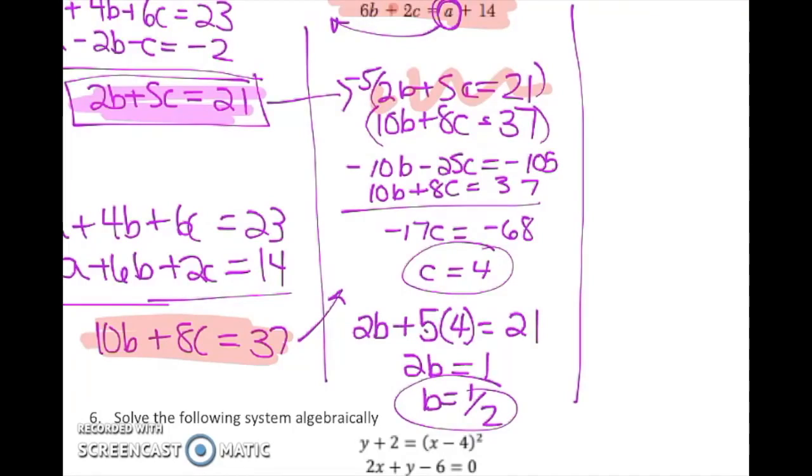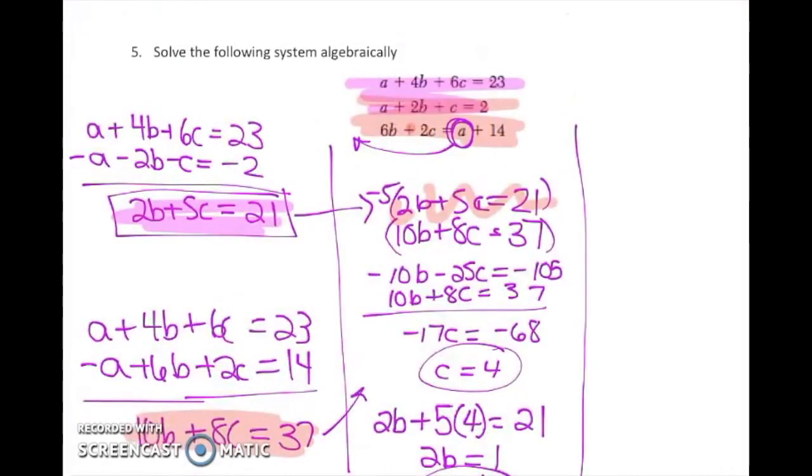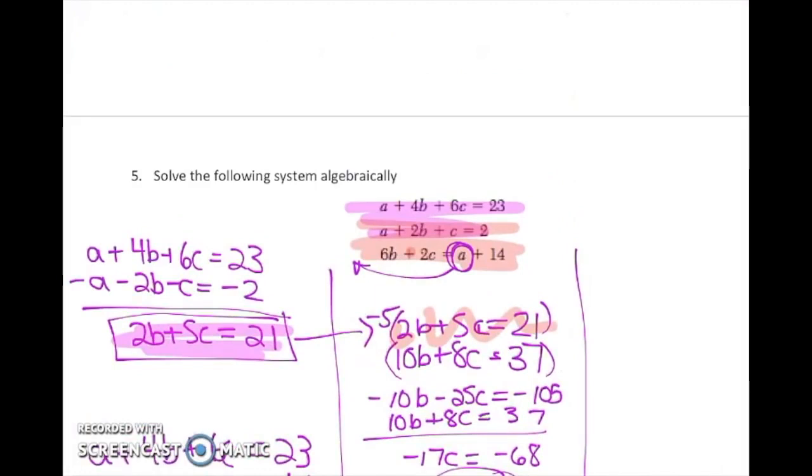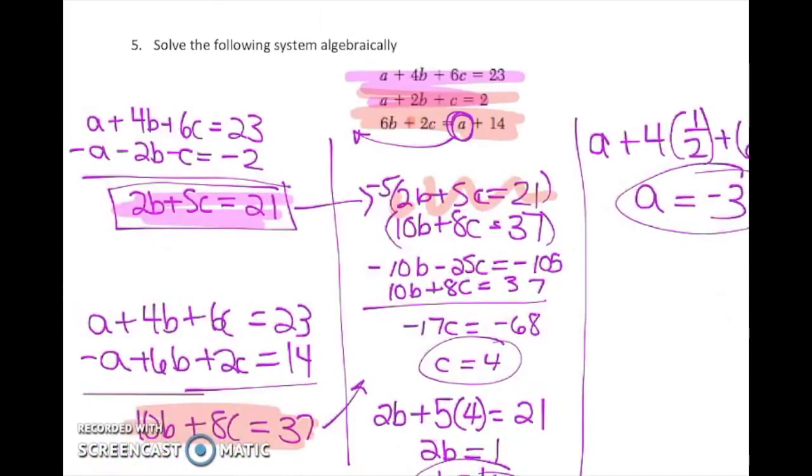On this one we happen to. And now we're going to plug those both back in to any equation and see what we get. So a plus 4 times 1/2 plus 6 times 4 equals 23. And so a equals -3. So my solution will be a coordinate point -3, 1/2, and 4.